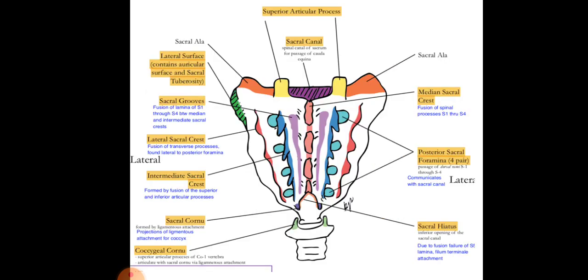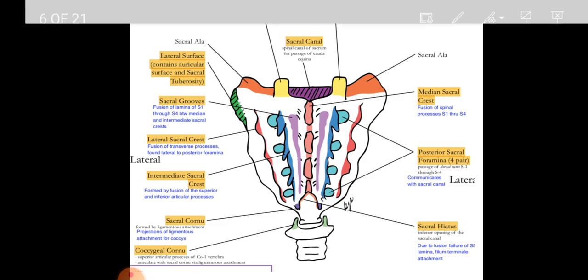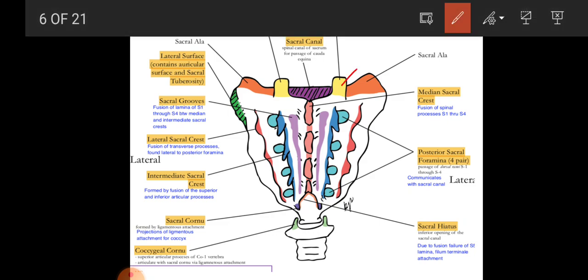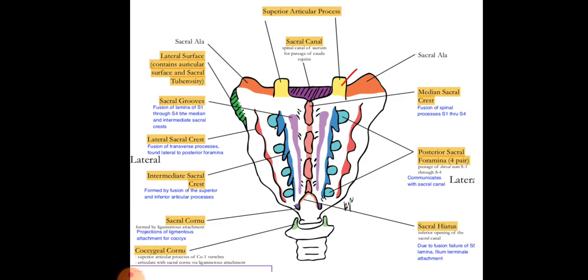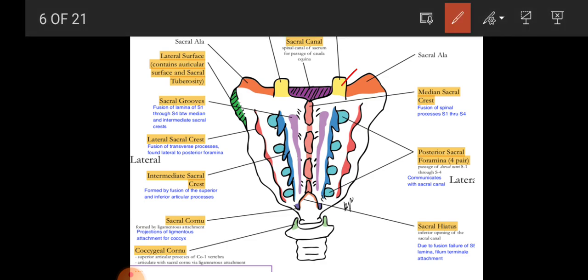Now these are the attachments of the sacrum on its posterior aspect. On the posterior aspect we can see the superior articular facet. This articulates with the inferior articular facet of the L5 vertebra and forms the lumbosacral joint. This is the ala of the sacrum.